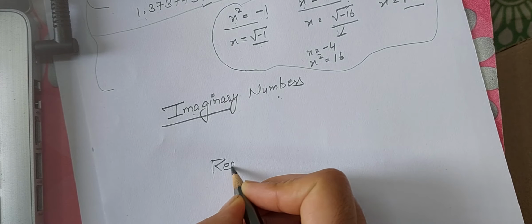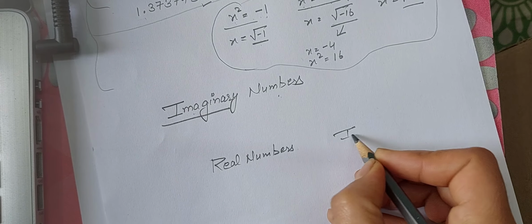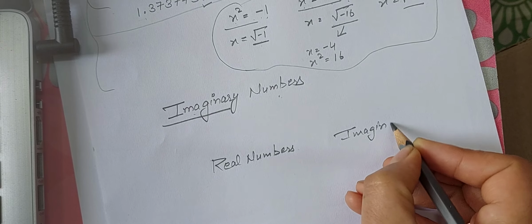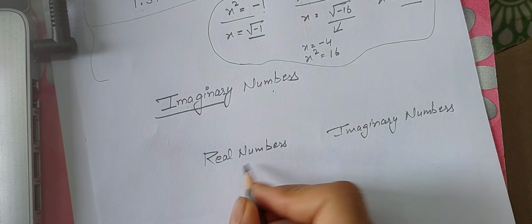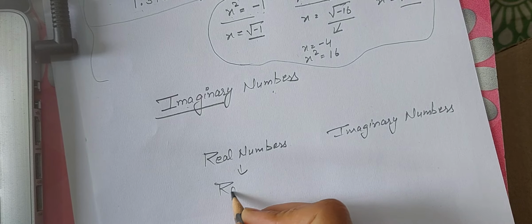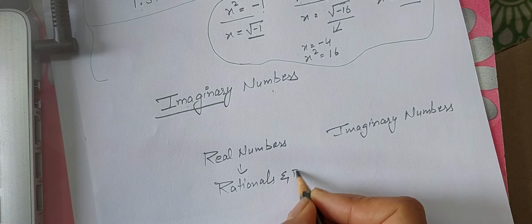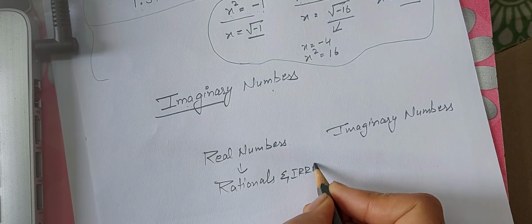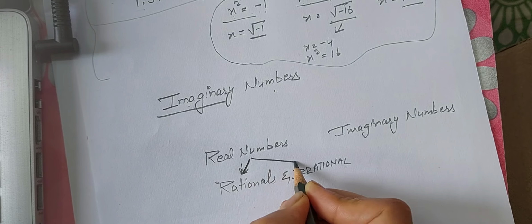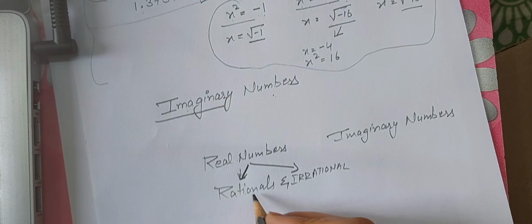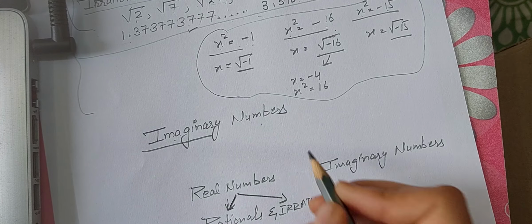If I tell you this small flow chart, we have real numbers and we have imaginary numbers. Under real numbers, what do we have? Rationals and irrationals. So there are two number families under it, and within this we have furthermore, let's not write them, you're aware of them.